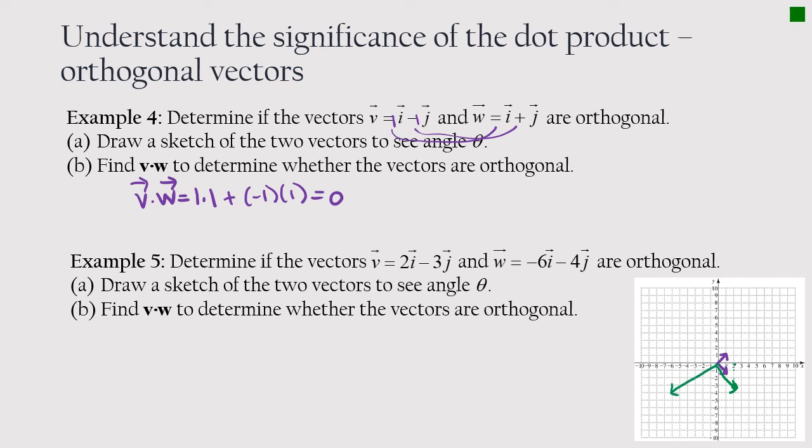They look like they're going to be orthogonal, but let's check. The dot product is multiplying their horizontal components plus multiplying their vertical components. That ends up giving me negative 12 plus 12, which is 0.